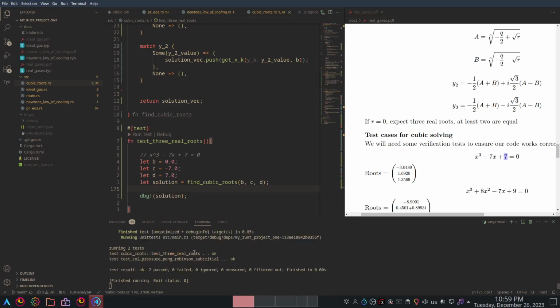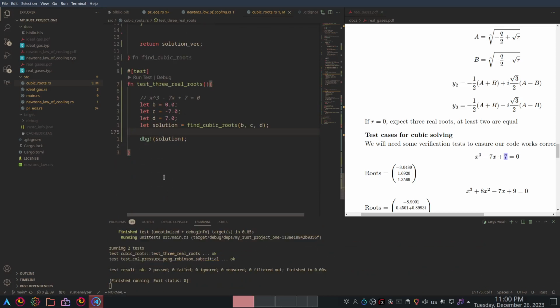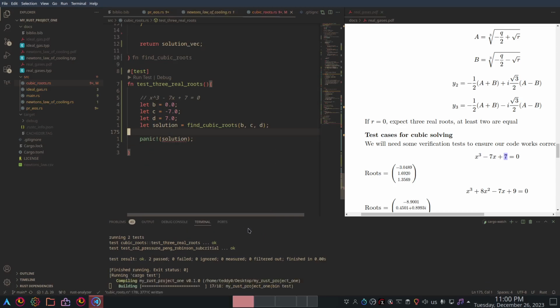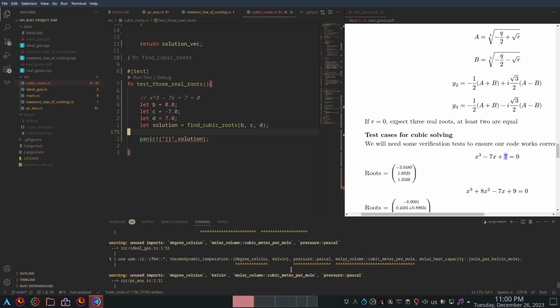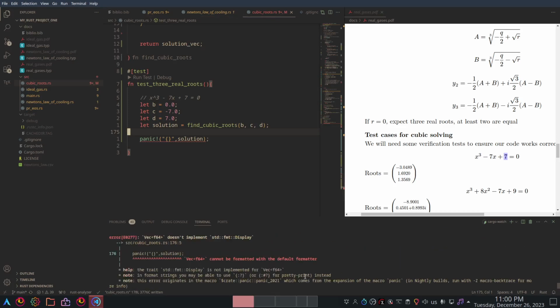Alright, I'm getting lots of warnings, but I can't see anything here. So maybe I'll just use panic. Okay, solution, and I'll just follow the compiler. I just want to see what the results of the solution are. Let me use a different format string.